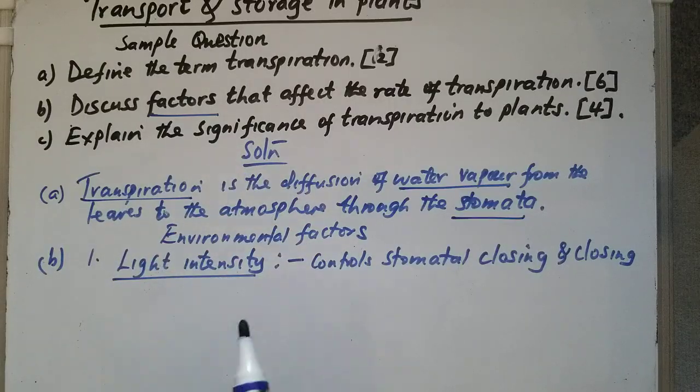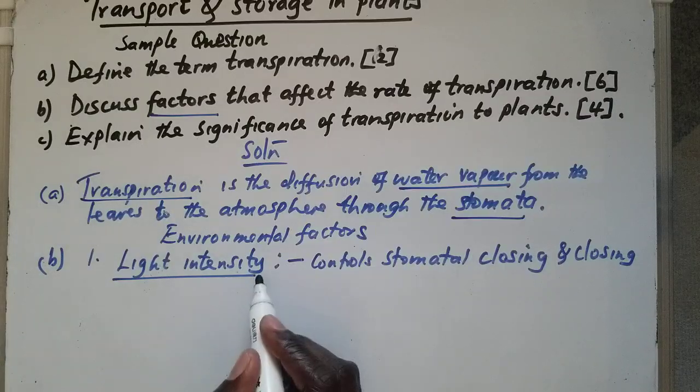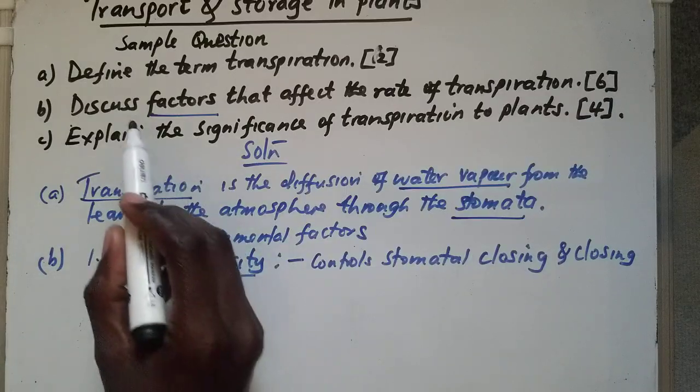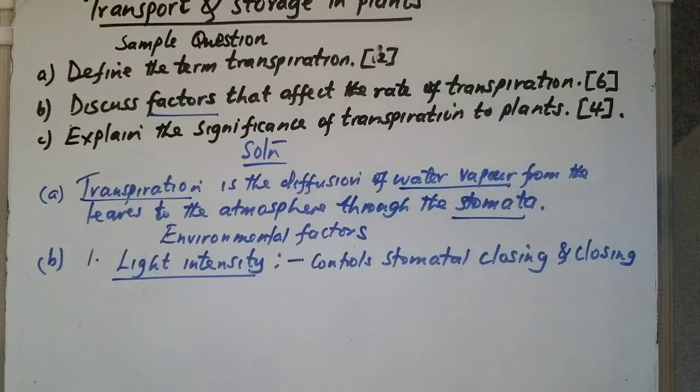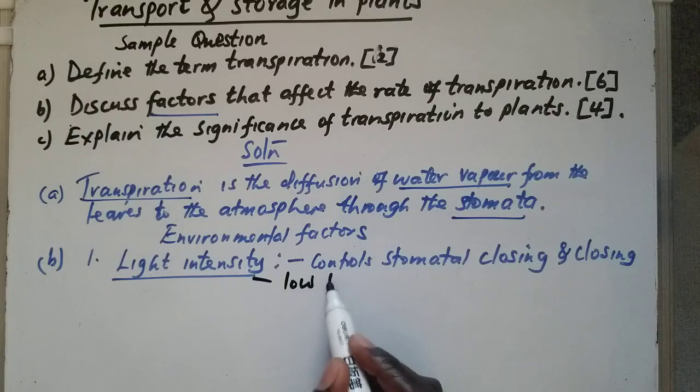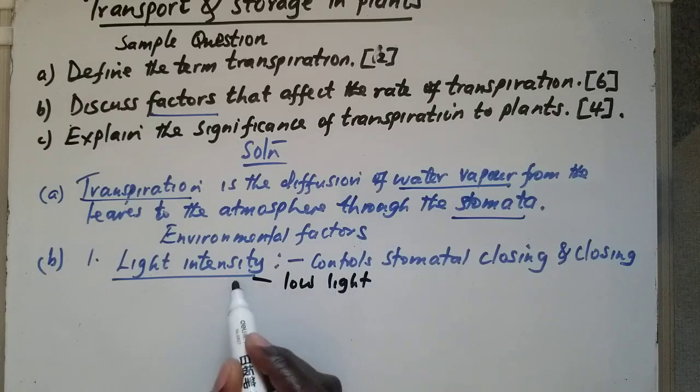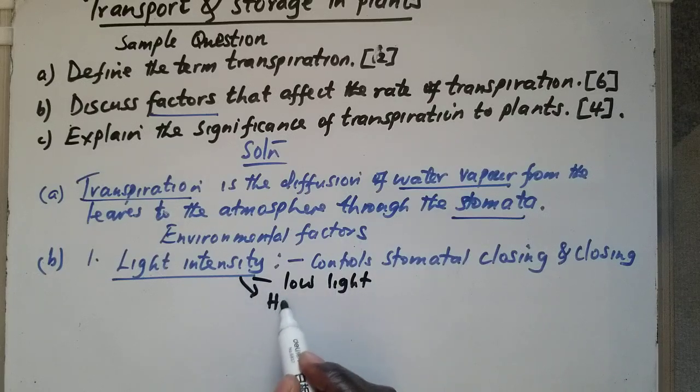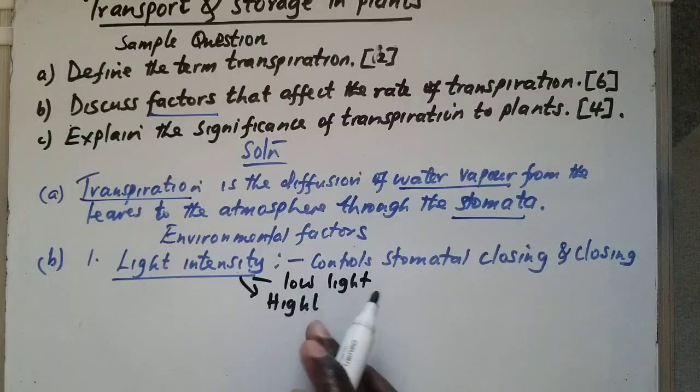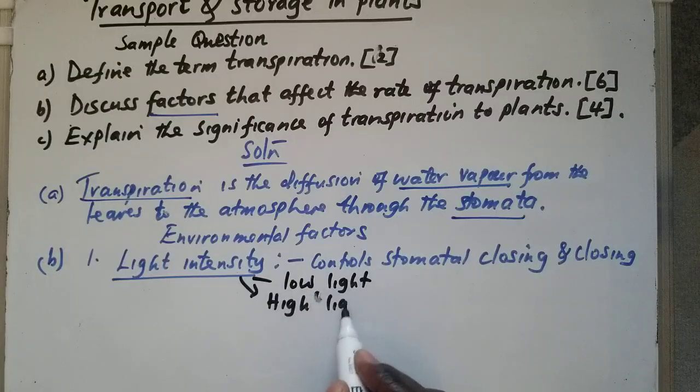When you're explaining in the exam, two things are supposed to come to the fore. Because this question says discuss factors that affect the rate of transpiration, it's like an open question. So you can talk about when there is low light, and you can talk about when you have high light intensity.